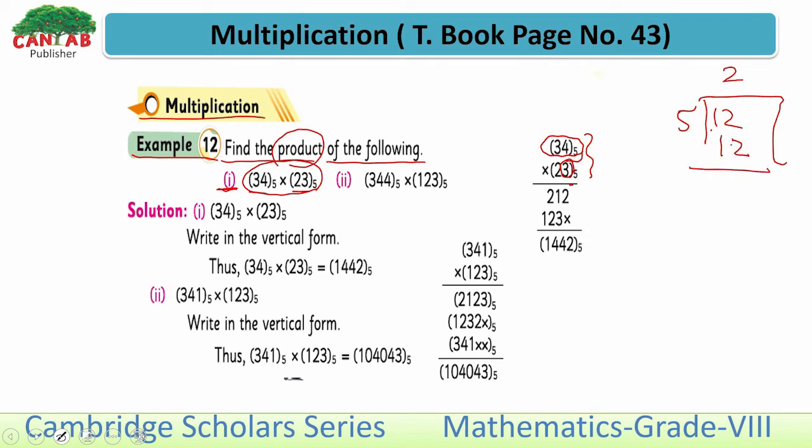We will subtract 10 from 12, that is 2. 2 is the remainder and 2 is the quotient. We will write the remainder here and carry the quotient to the next column, writing the quotient above the number 3, that is 2, and circle it.